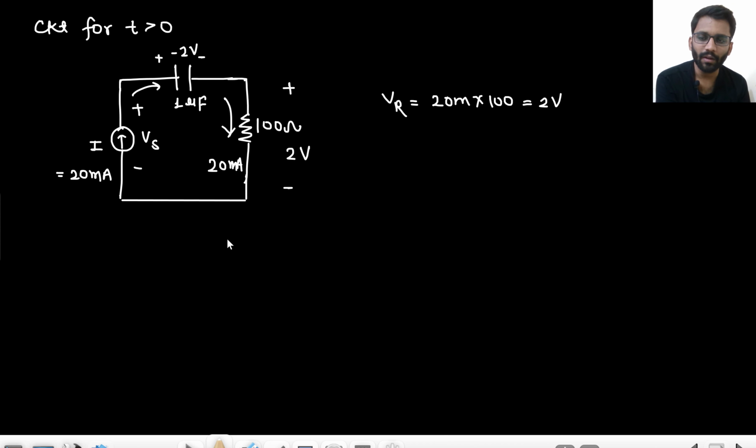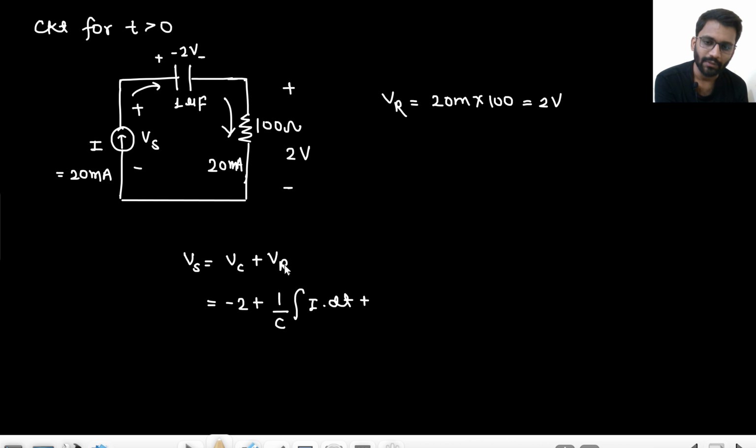So what do you think, what is Vs? Vs is the voltage across the capacitor plus VR. What is the voltage across the capacitor? That is minus 2 plus 1 by C integral of I dt, plus VR, which is 2 volt. This is Vc and this is VR.